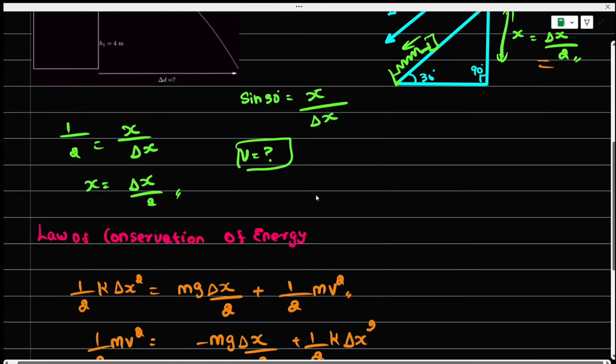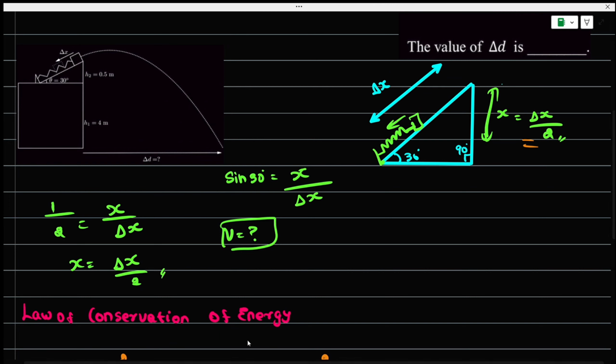Now they are asking for this particular distance. To find this particular distance, we need to find the time. We have found the velocity now, that equals 1.55 meter per second, but we need time to calculate this distance.